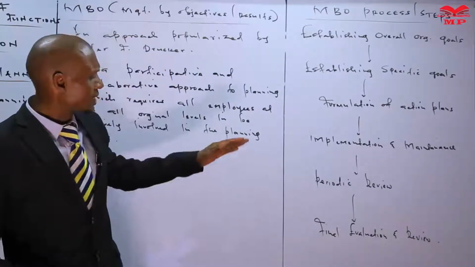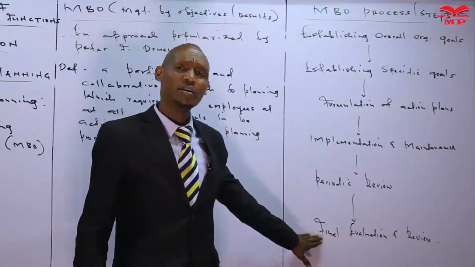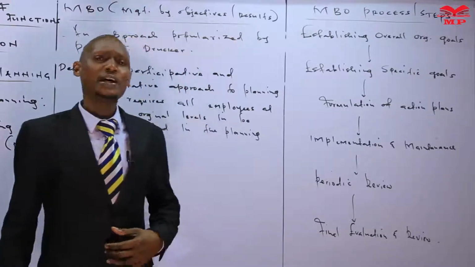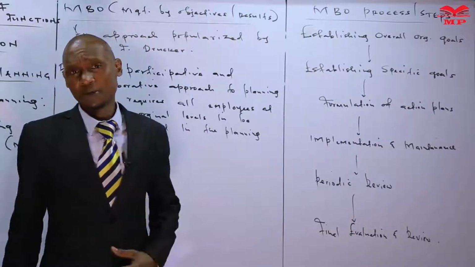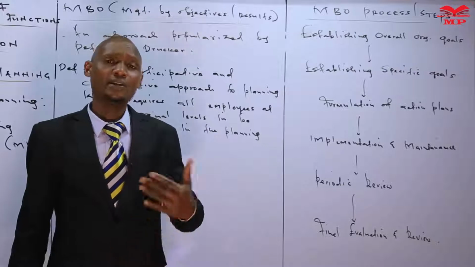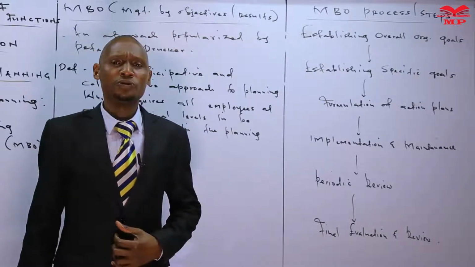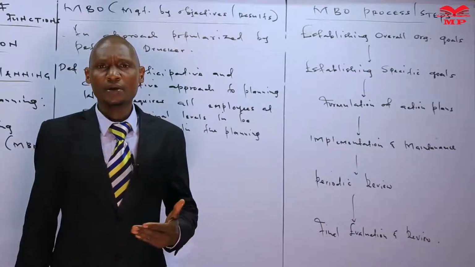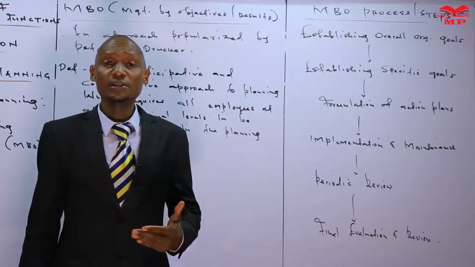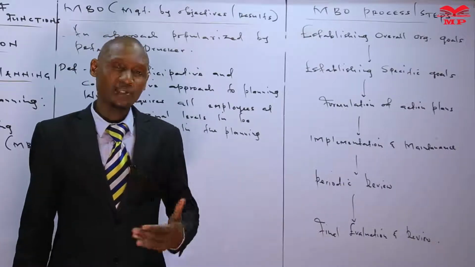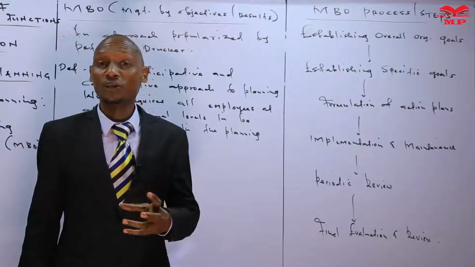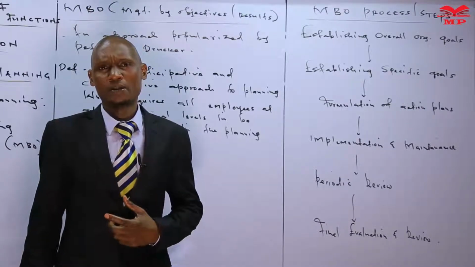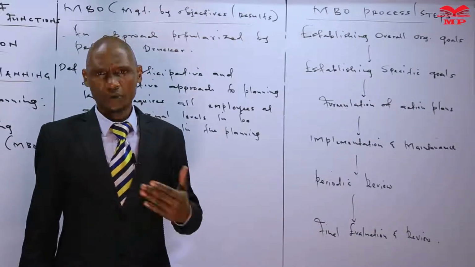The last step in that process is final evaluation and review. This comes after the end of the planning period. Let's say the end of the year. So at the end of the year, the employees, together with their managers, by way of joint sessions, will now evaluate.